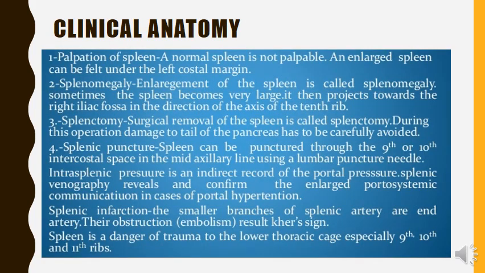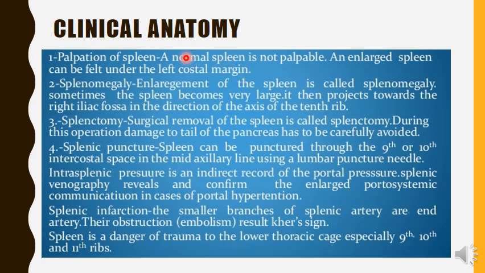Coming to the clinical aspects related to the spleen, one point to be noted is palpation of the spleen. A normal spleen is not palpable, but an enlarged spleen can be felt under the left costal margin. When it increases to double its original size, we can palpate the spleen.